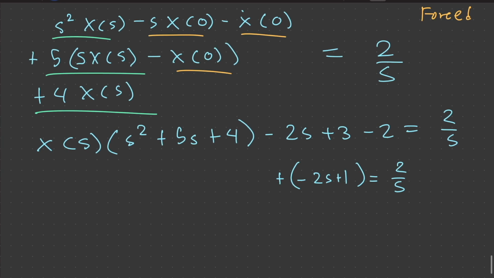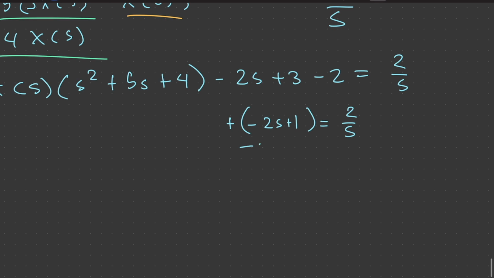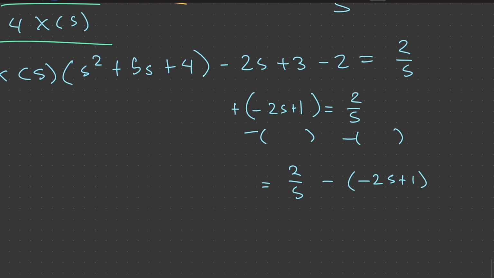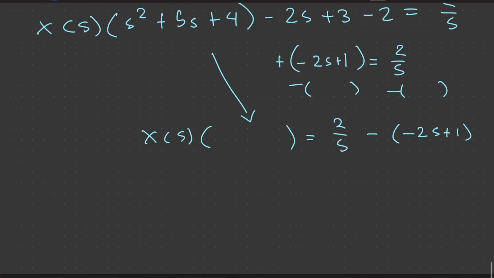And then I think by now, right, we can understand that we're going to just subtract this guy from both sides of the equation. Right, so we're going to get something that looks like 2 over s minus negative 2s plus 1. Okay. That's equal to x of s times basically this, right? And I think from there we realize we can divide both sides by our quadratic equation.